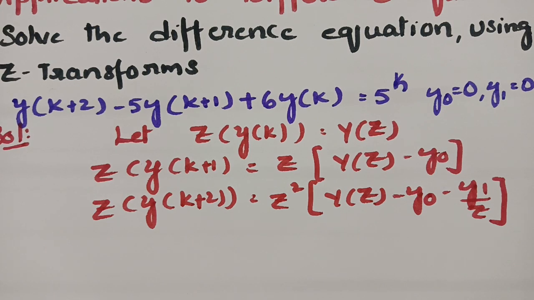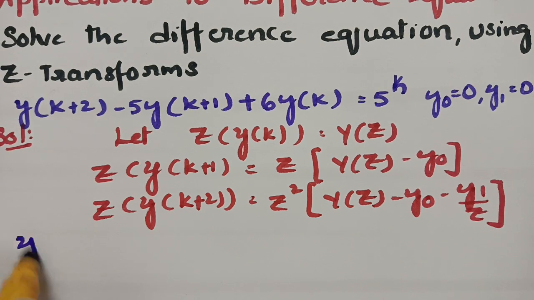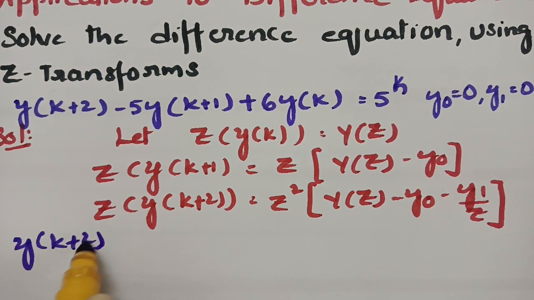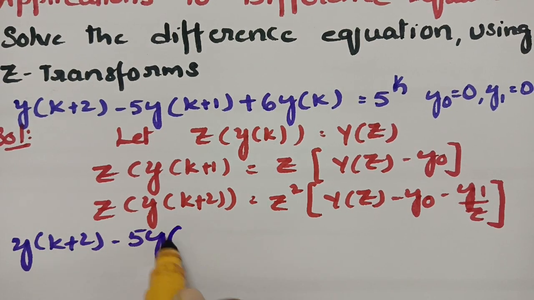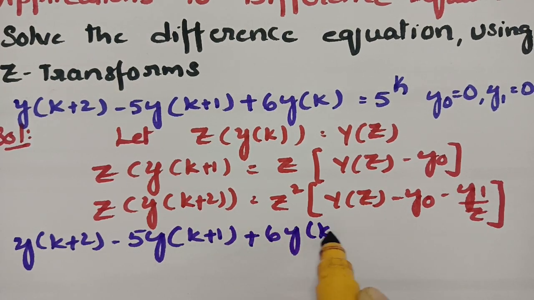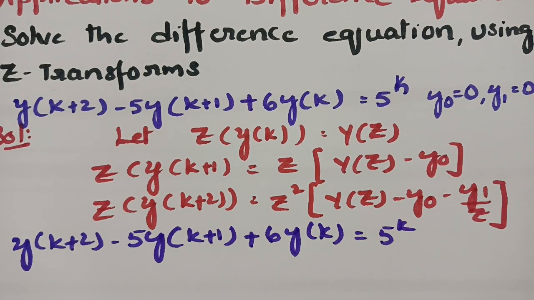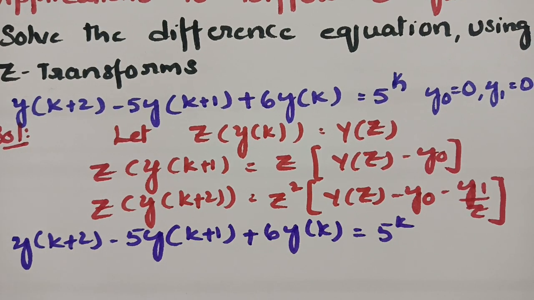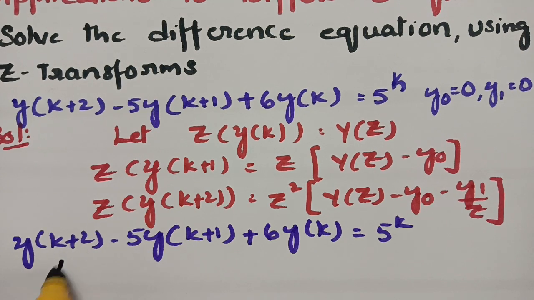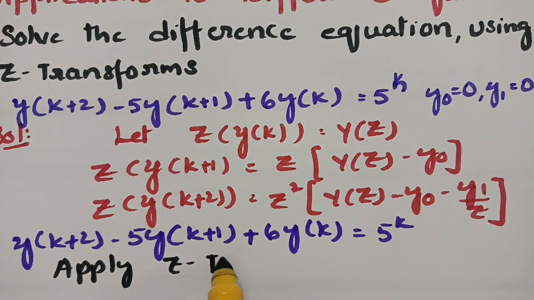What is the given equation? The given equation is y(k+2) minus 5y(k+1) plus 6y(k) is equal to 5^k. Now we have to apply Z transforms on both sides.